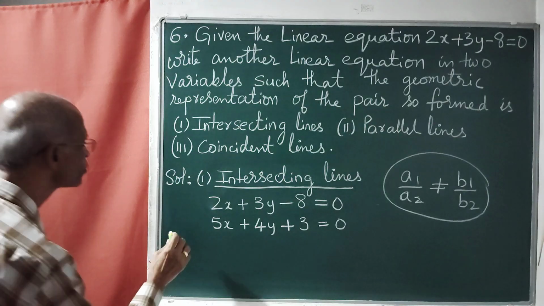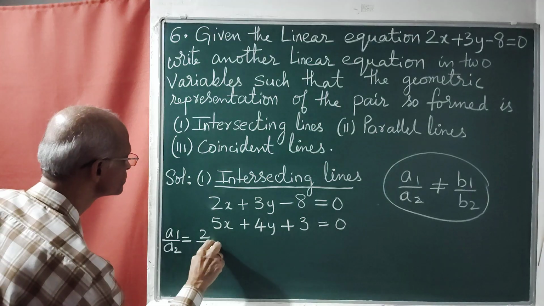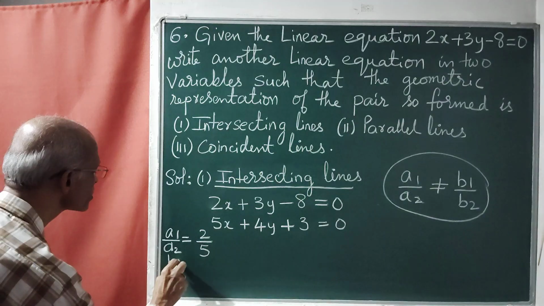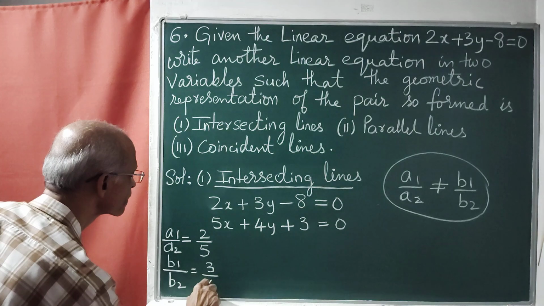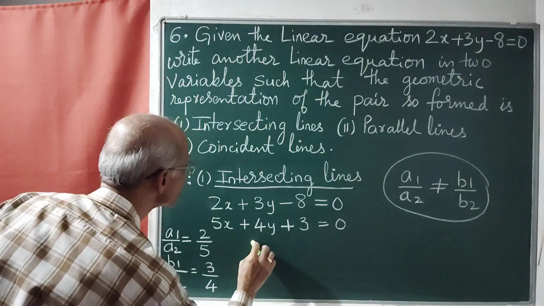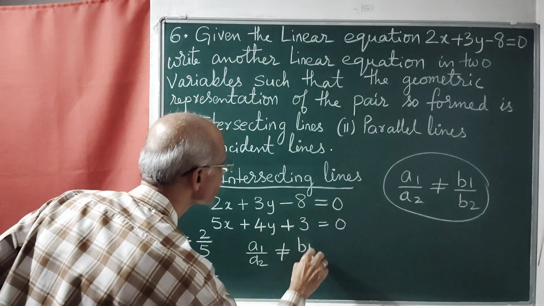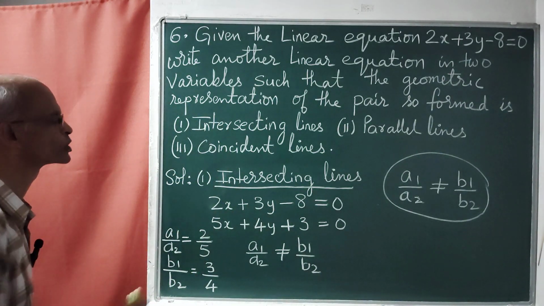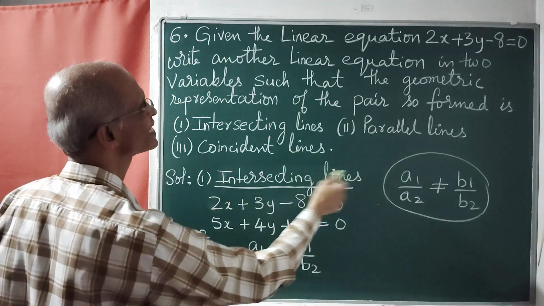Now we'll see the ratio. a1 by a2 is equal to 2 by 5. b1 by b2 is equal to 3 by 4. So from this ratio, we get that a1 by a2 is not equal to b1 by b2. So the lines representing the two equations are intersecting.